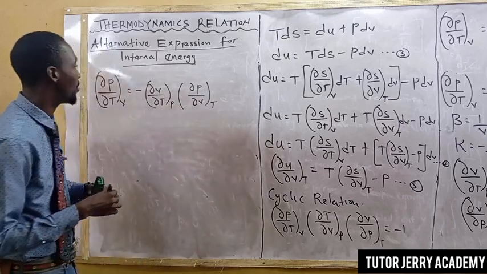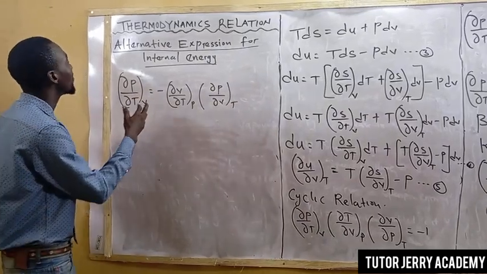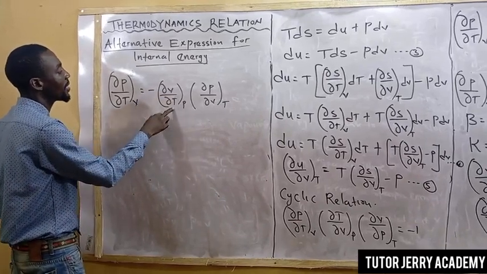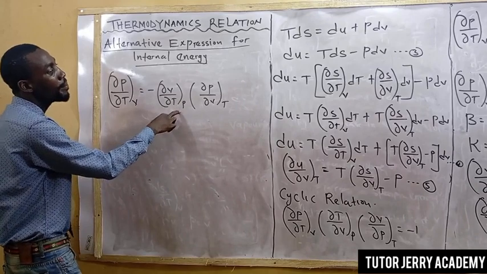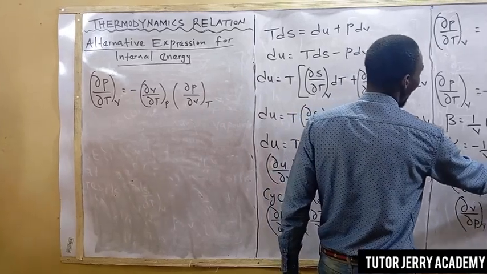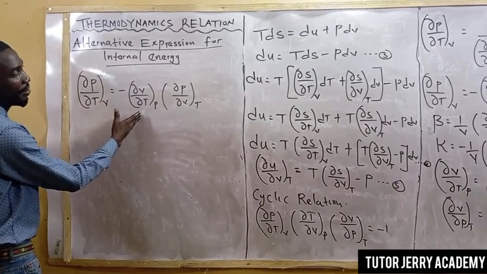But you will agree with me that the partial derivative of v all over the partial derivative of t, keeping p constant, is nothing but what here? Beta v. So we can replace this with beta v.